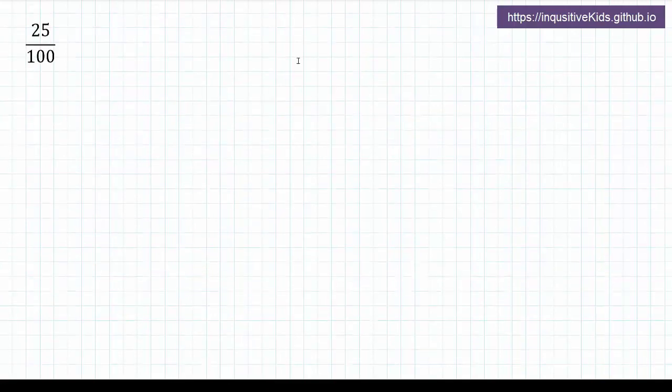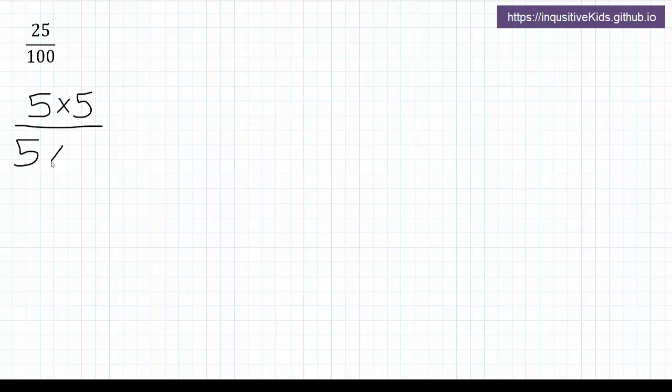Let's try another example. 25 over 100. 25 can be written out as 5 times 5 over 100 can be written out as 5 times 5 times 2 times 2.